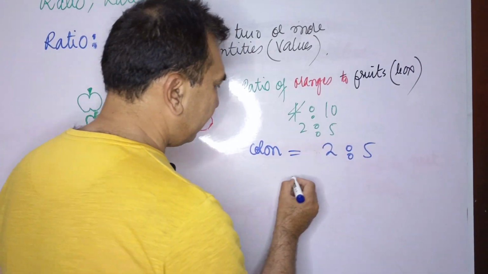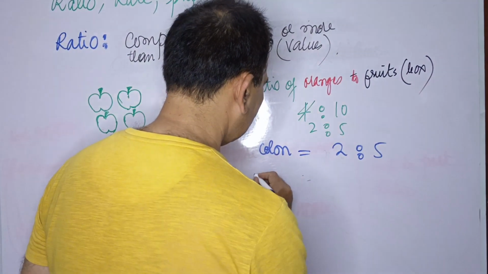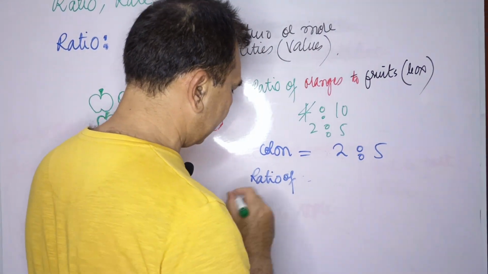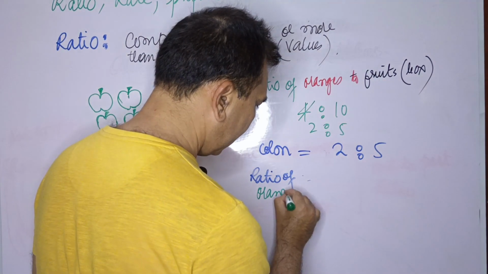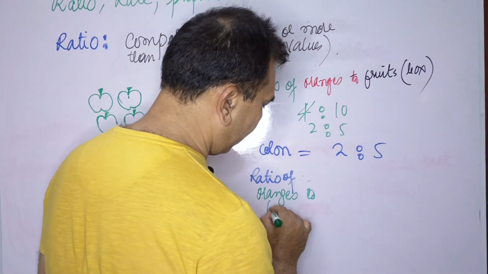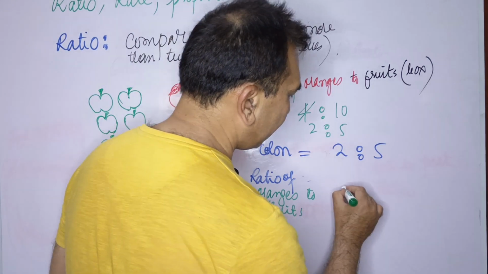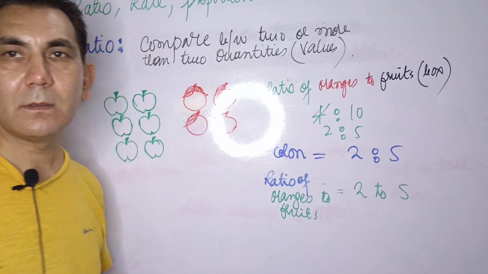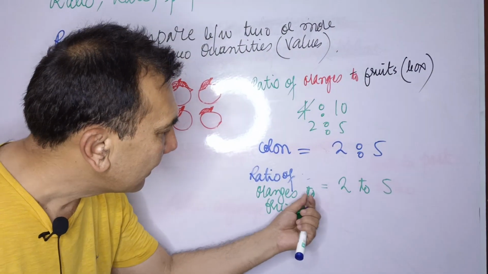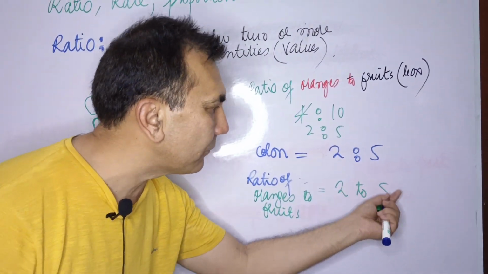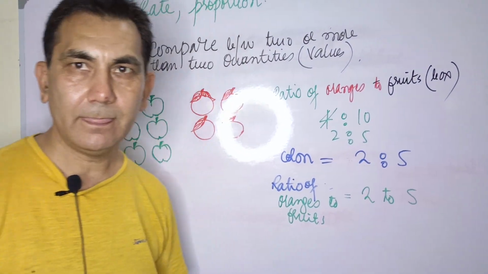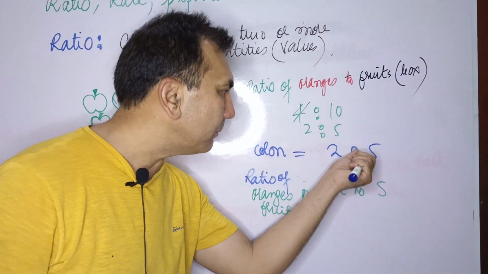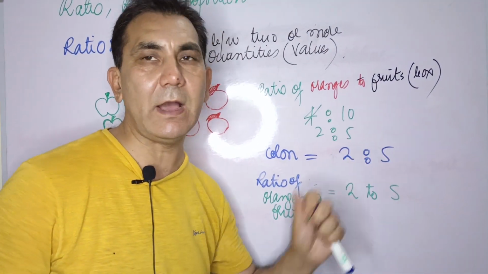Another way, we can write the ratio of oranges to fruit as 2 to 5. We can write another method: the ratio of the orange to the fruit box is 2 to 5. And the first method is called the colon; we put the colon between the 2 and 5.